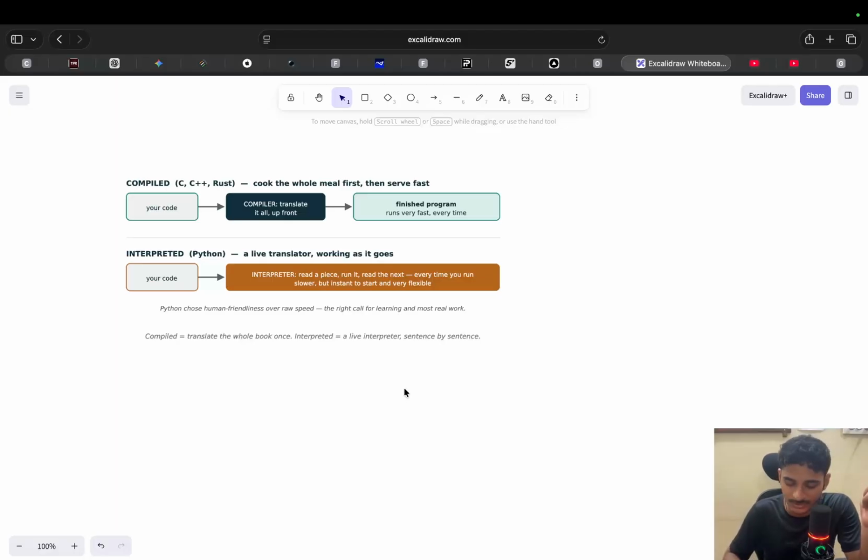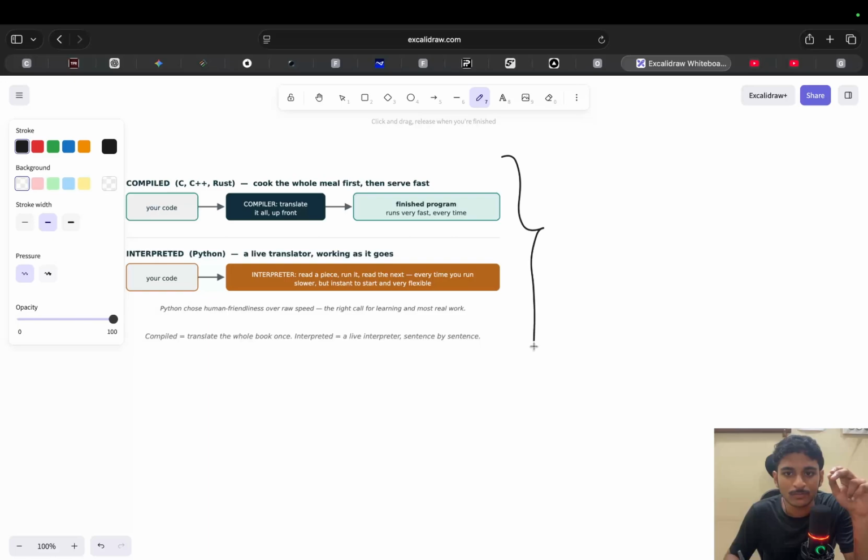So it goes line by line and immediately tells you the error, in which line you have the error, in which command or instruction your logic has failed. So those are the two ways you can do your parsing or processing towards machine level code.